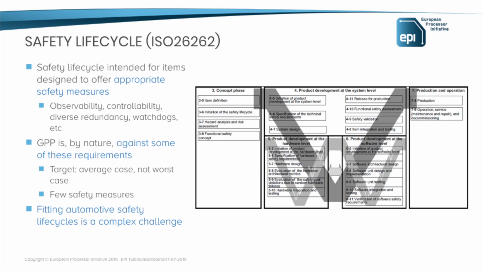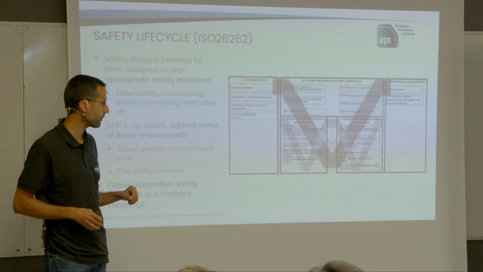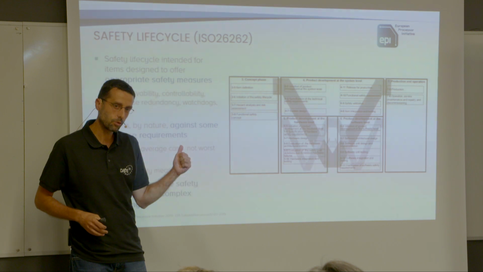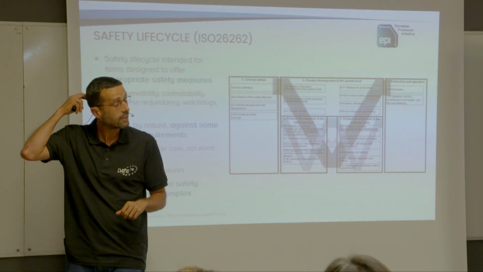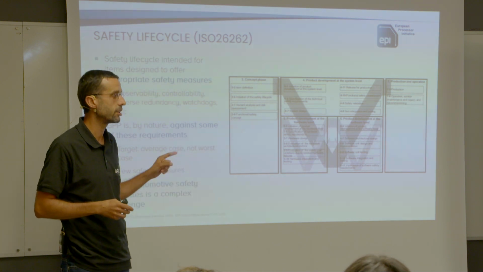In that case, you say, okay, since it has no safety requirement, I can use any computer. I don't even need an Oryx or any other automotive CPU. But many of them will have safety requirements. And as you will see a bit later, the EPI processor in some of these systems will have safety requirements.